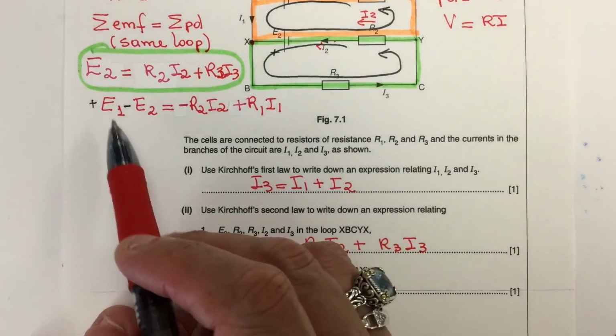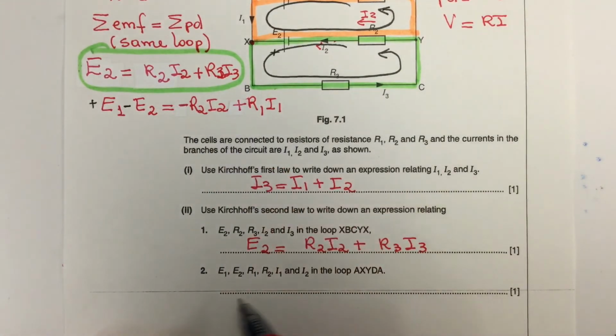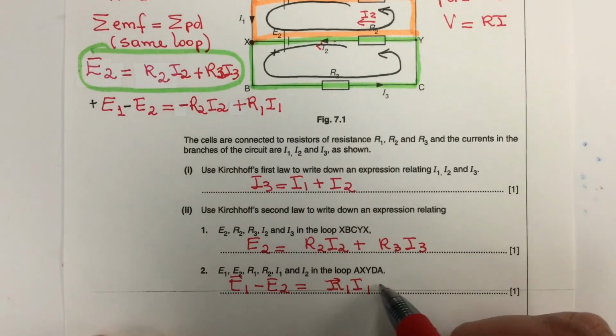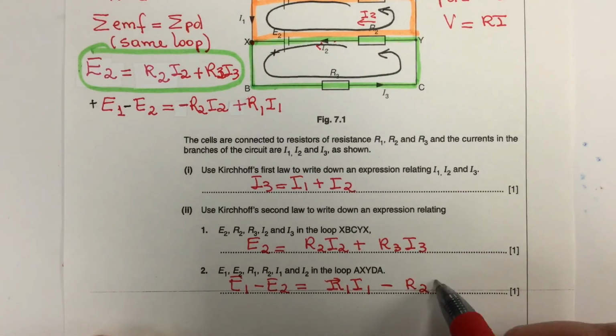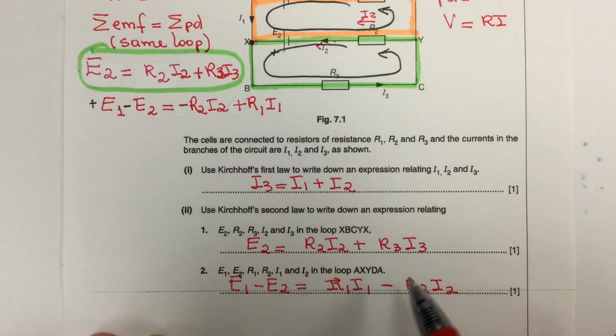Okay, so now we can rewrite all this equation: E1 minus E2 is equal to I1 R1 minus R2 I2. The order of the current and the resistor doesn't matter.